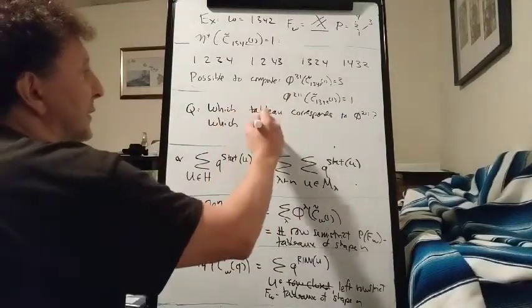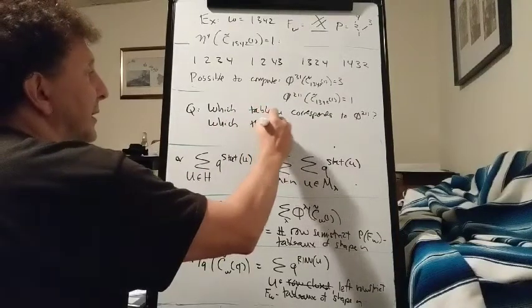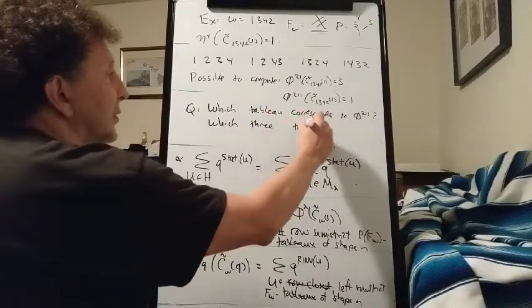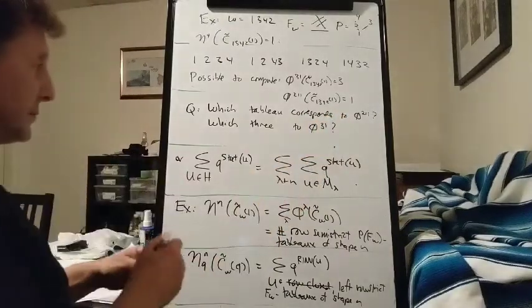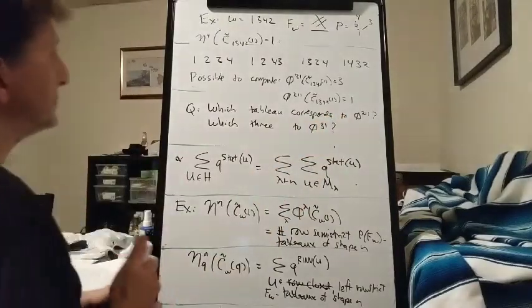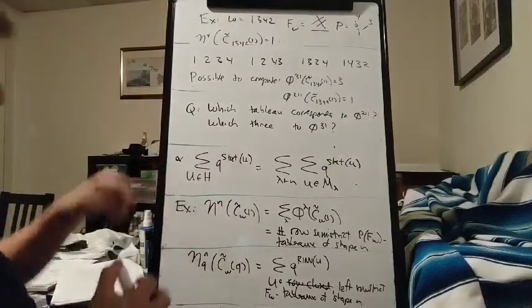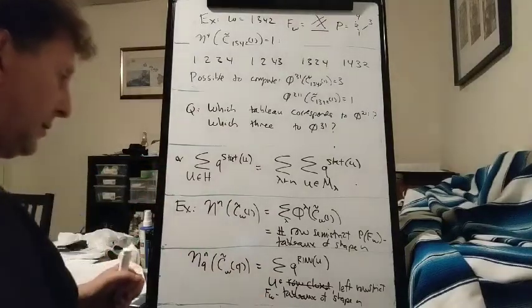So which one corresponds to this, and which 3 correspond to phi 3,1. And then we can do the sum version.